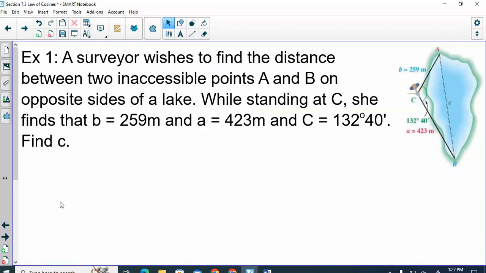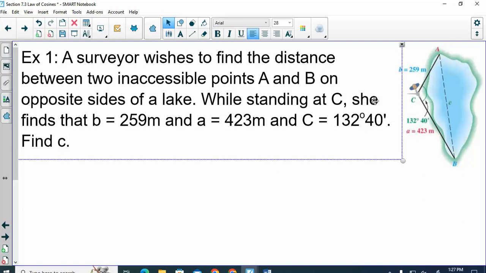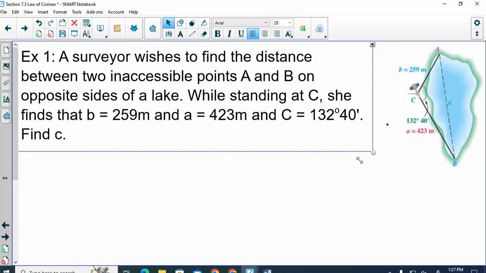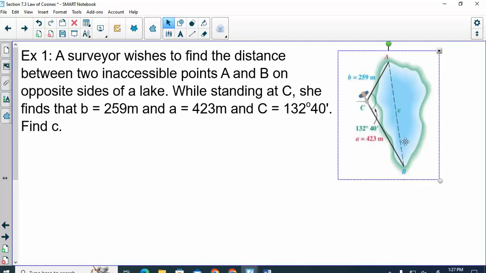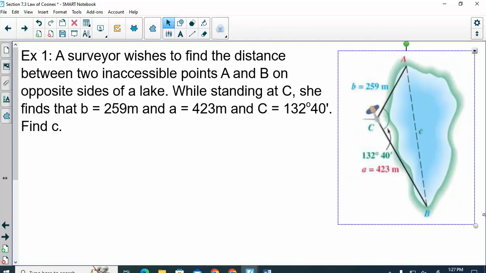So let's look at this example. Sorry, my picture isn't real amazing. We can draw a new one if we need to. It says a surveyor wishes to find the distance between two inaccessible points, A and B, on opposite sides of a lake.